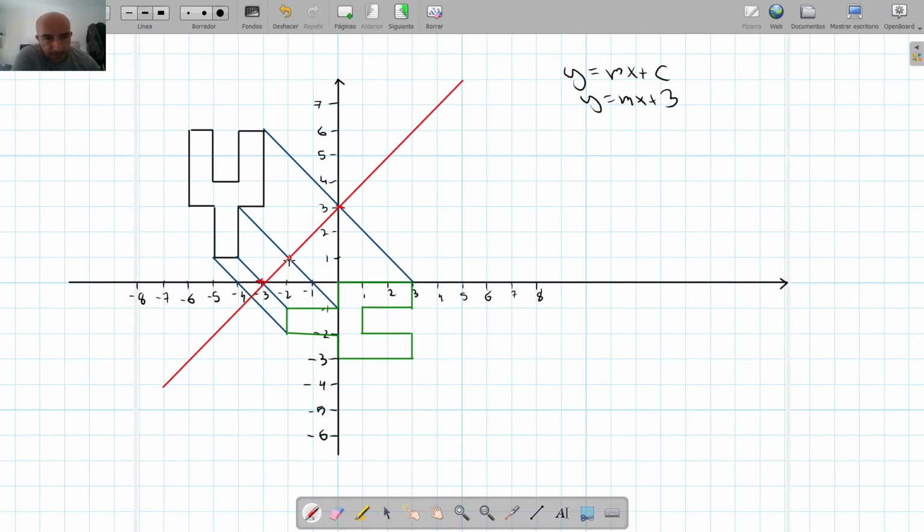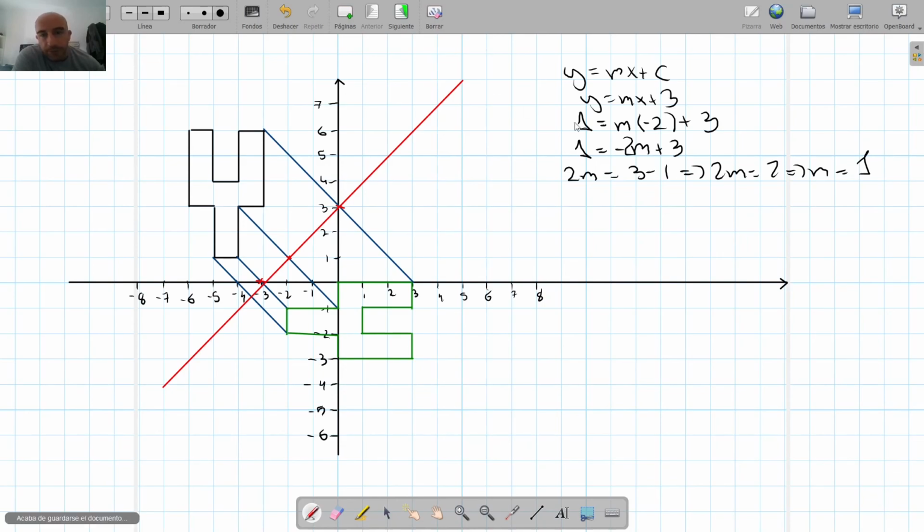So y has to be 1 and x has to be -2. So 1 equals -2m plus 3. 2m equals 3 minus 1, so 2m equals 2, and m equals 1. So our equation is y equals x plus 3. That's our mirror line.